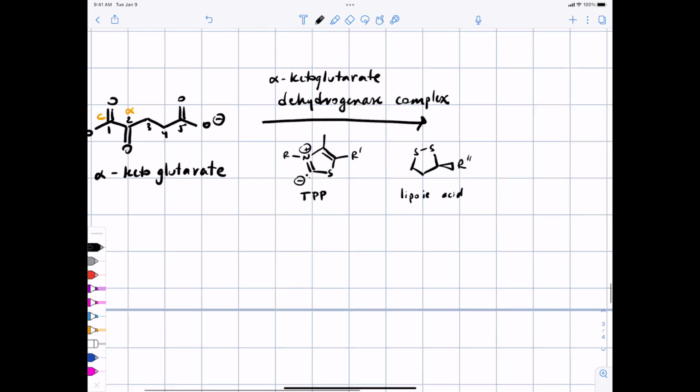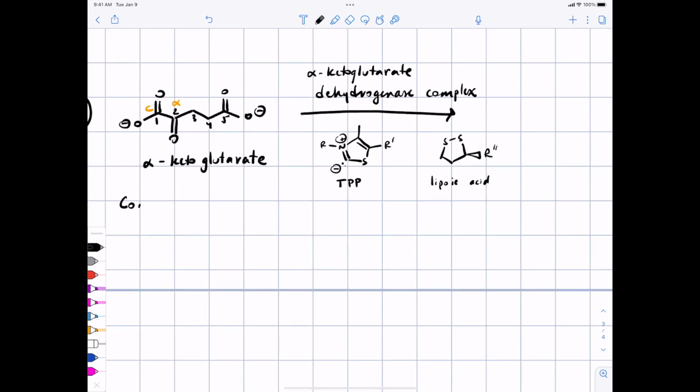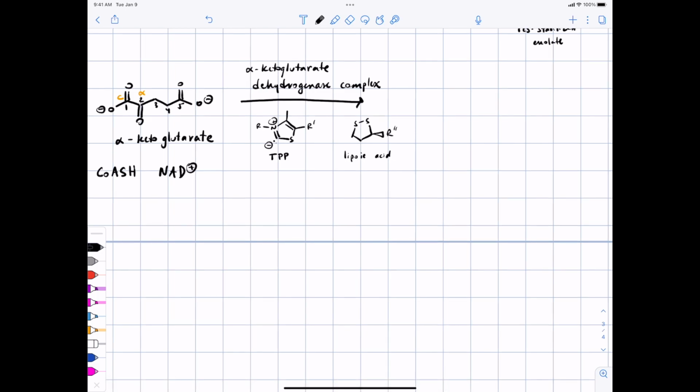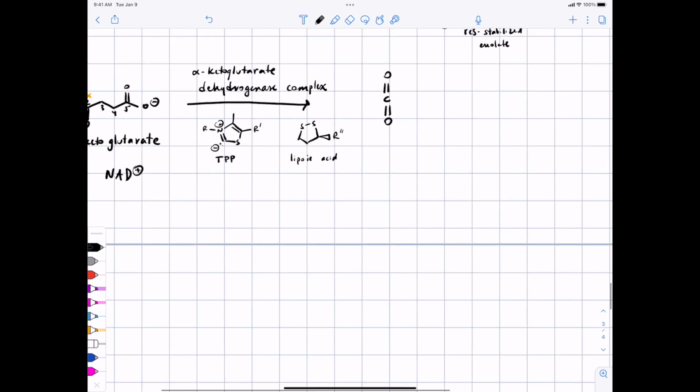It's also going to use coenzyme A and NAD+. The product is going to be loss of another equivalent of CO2.